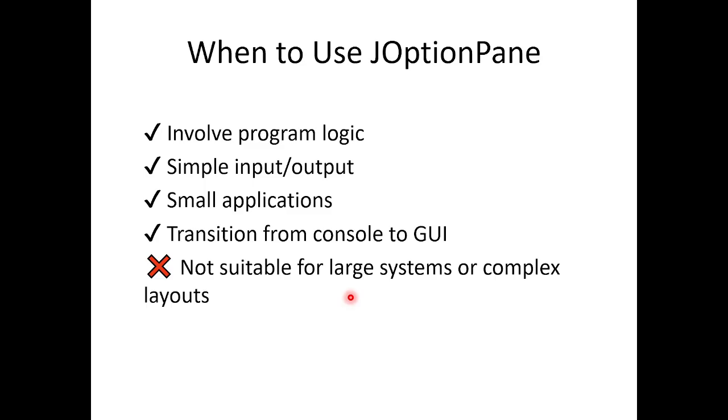So it is actually a complex system. So if you want to design a chatbot, you cannot use JOptionPane, because the system is more complex. JOptionPane only works for simple systems.